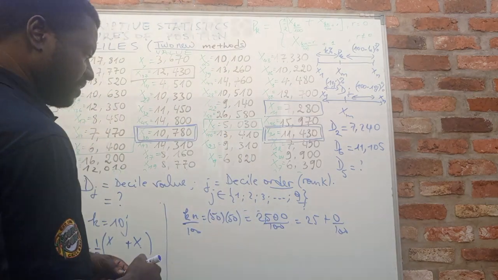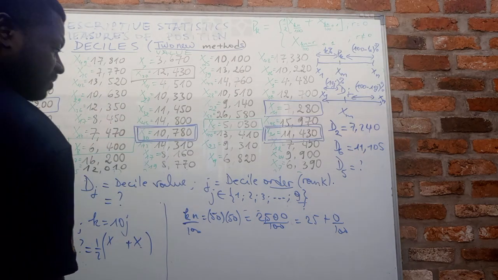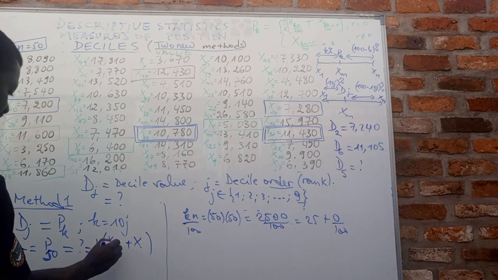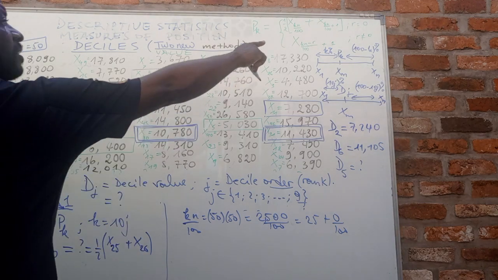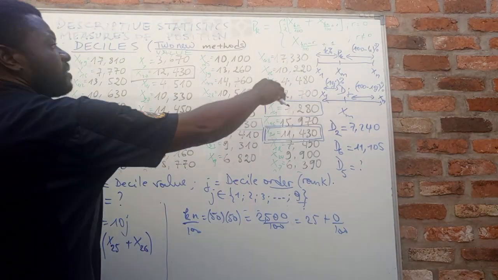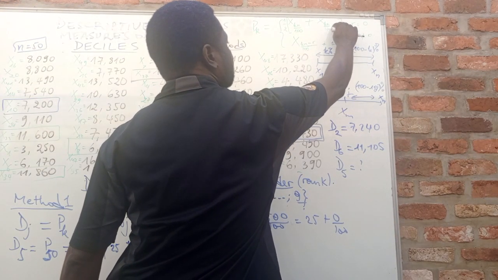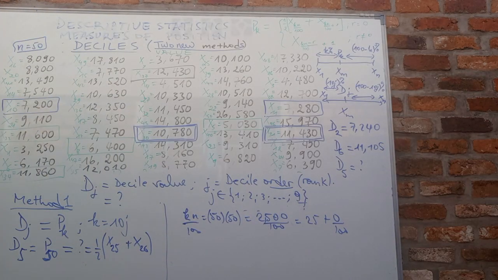So in this case, we take again the first formula. So we look for x sub 25 and x sub 26, because we're gonna have to add 1 to the subscript of the first element.